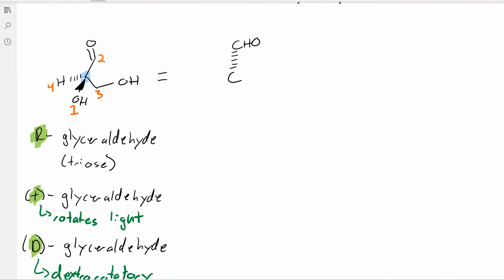And then we're going to make that a dash, as those are going into the back of the board. And then take this methanol group and put that in the back of the board as well. And then we're going to make the OH and the H wedges. Don't worry about this too much. You won't be asked to convert from one structure to the other.